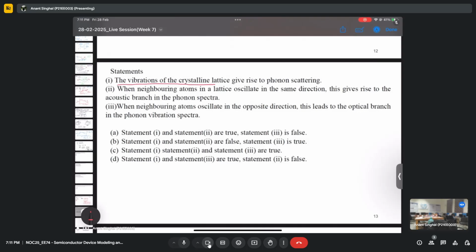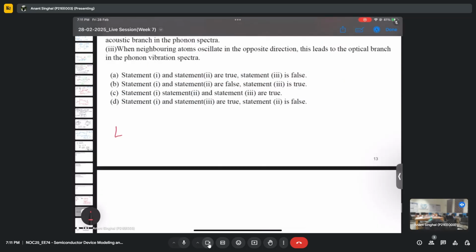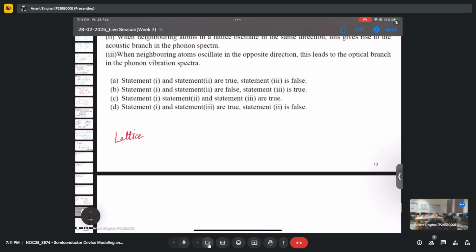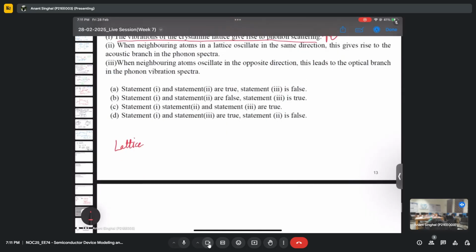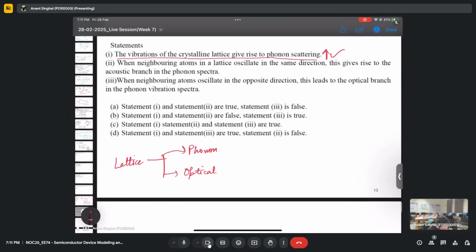Vibration of the crystalline lattice gives rise to phonon scattering. So yes, this is correct. We have two types of lattice scattering, one is acoustic phonon and one is optical phonon.